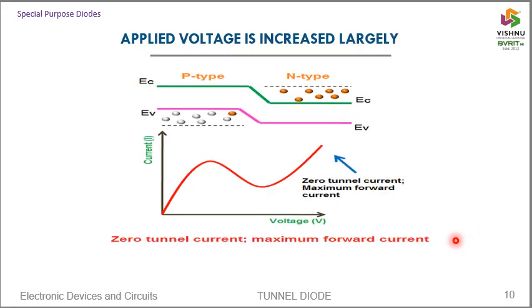When large voltages are applied, normal diode conduction starts and current again increases. So overall, the tunnel diode shows an increase in current, then a decrease, and then an increase again. This unique behavior makes it very useful in oscillators.